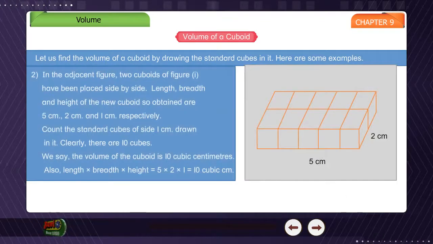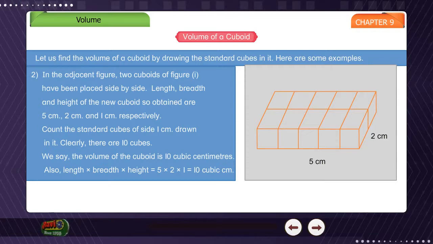2. In the adjacent figure, two cuboids of figure 1 have been placed side by side. Length, breadth and height of the new cuboid so obtained are 5 centimeters, 2 centimeters and 1 centimeter respectively. Count the standard cubes of side 1 centimeter drawn in it.